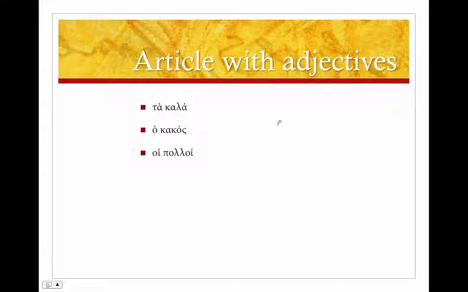So the first of these we've already run across is with articles with adjectives. So ta kala, notice it's neuter plural, so we might say these are beautiful things. Or ho kakos, notice masculine singular, so the ugly or bad man.